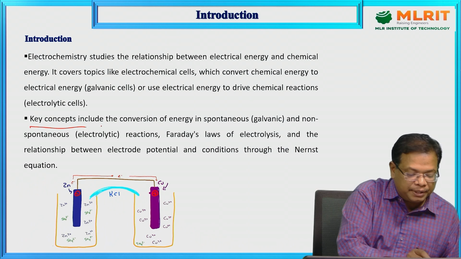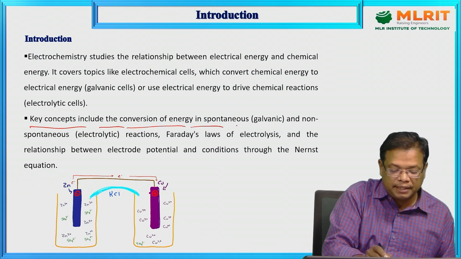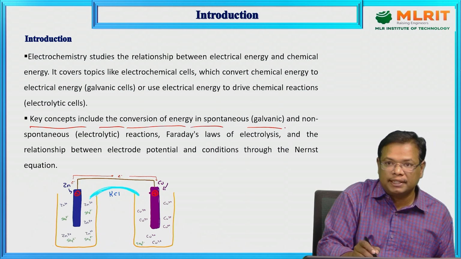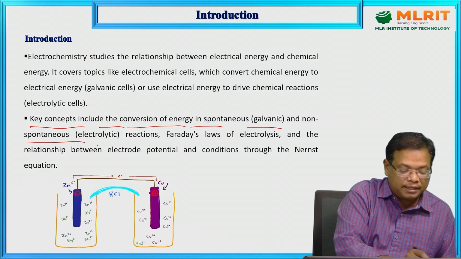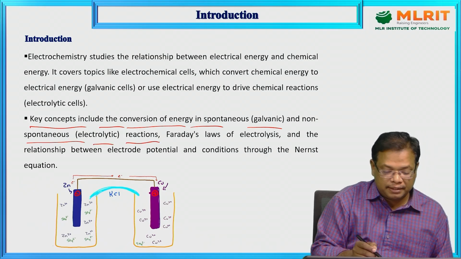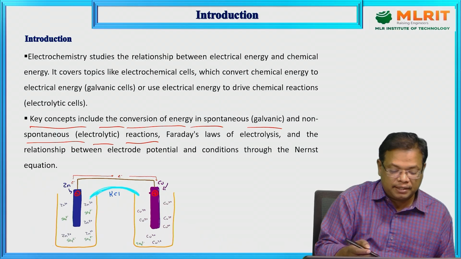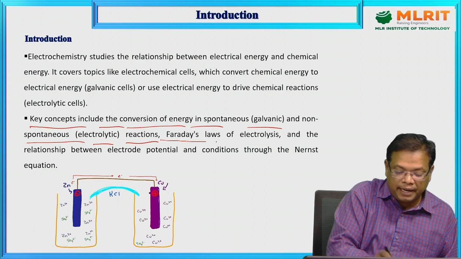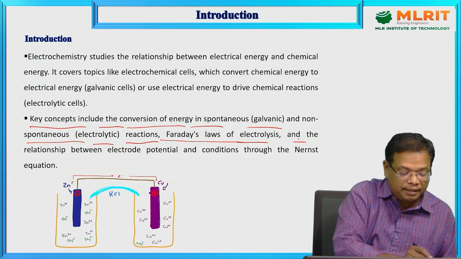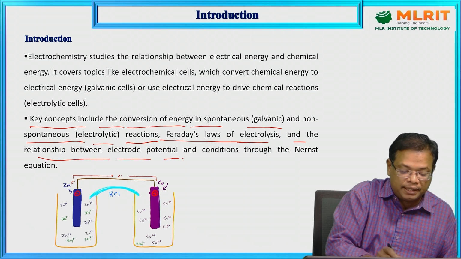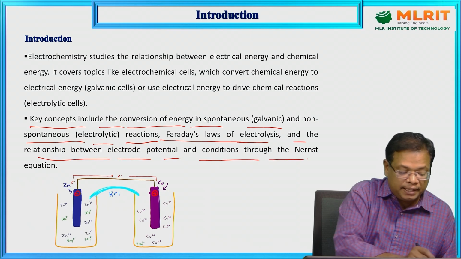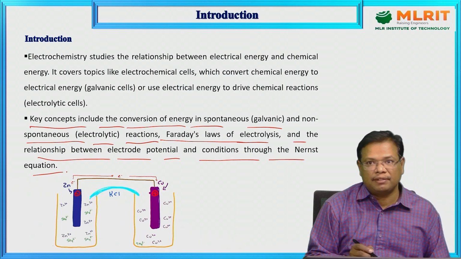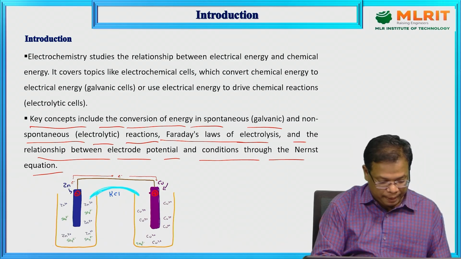The key concepts include the conversion of energy, spontaneous galvanic cell reactions and non-spontaneous electrolytic cell reactions. What are spontaneous and what are non-spontaneous reactions? We will see in the later stages. Also Faraday's laws of electrolysis and the relationship between electrode potential and conditions through the Nernst equation. These are the topics always covered in electrochemistry.